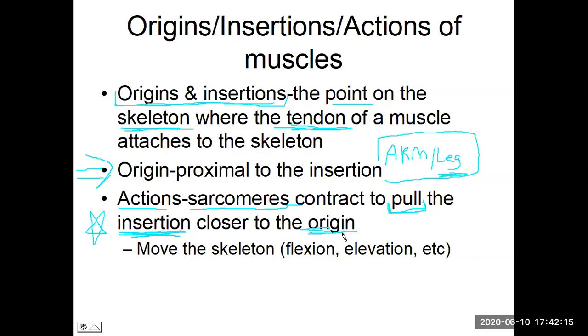So depending on the precise location of the muscle and thus its origin and insertion, each muscle will have its particular action, and we describe those terms as flexion, extension, elevation, depression, whatnot. And again, the structure, the anatomy, the location of the muscle, that's of course what dictates its physiology, its motion.